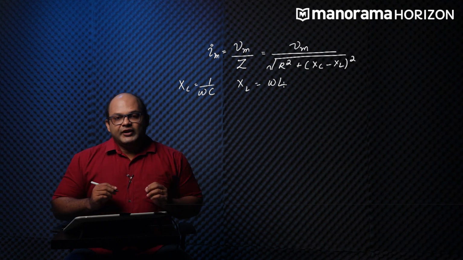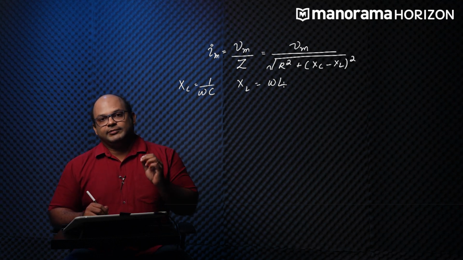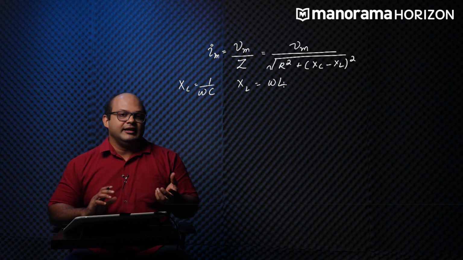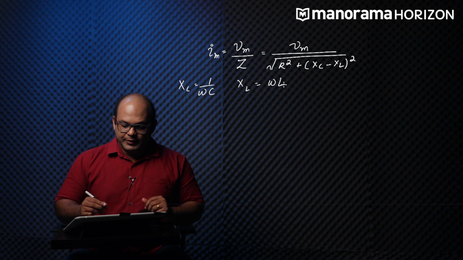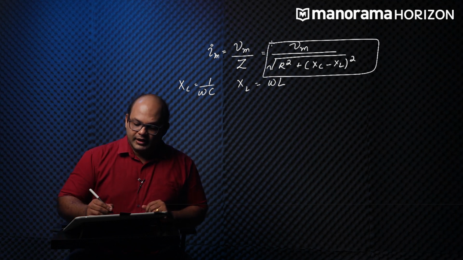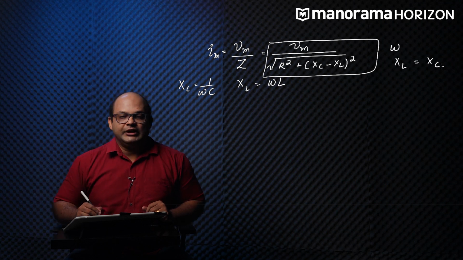Now, there will be a particular frequency, dependent on the values of the capacitance and inductance, at which they will perfectly cancel each other out. Which means that if you look at this equation, there is a particular value of omega where XL and XC become equal to each other.